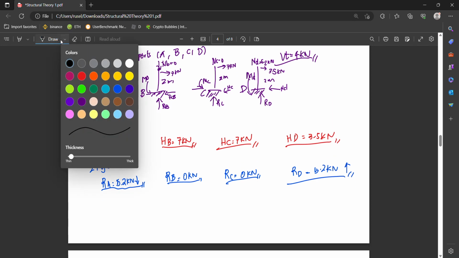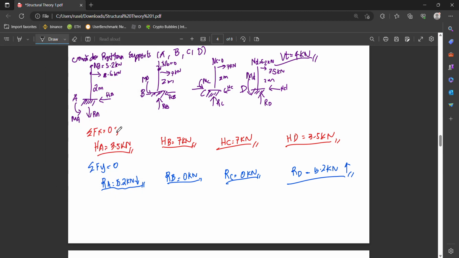Next is your moment. Summation moment at A. Summation moment at A, B, C, and D. That is equal to 0. Moment A is equal to 3.5 times 2, this is 7 kilonewton meter. Moment B is equal to 7 times 2, this is 14 kilonewton meter.